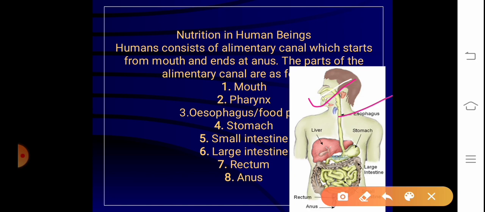Then after esophagus, it is the stomach. Then there are two glands which are present, that is the liver and pancreas. This is the pancreas. Then followed by the small intestine, the large intestine, rectum, and the anus. Okay, so these are the parts present in the human alimentary canal. They are involved in the process of digestion.